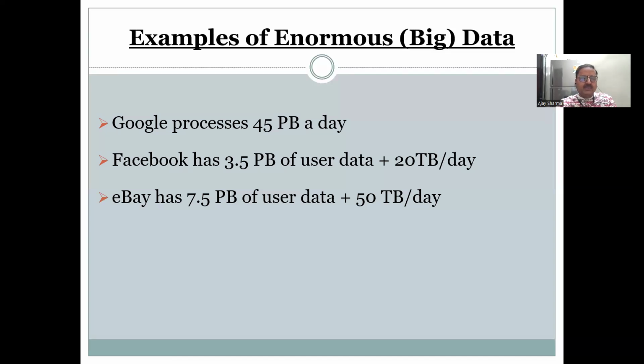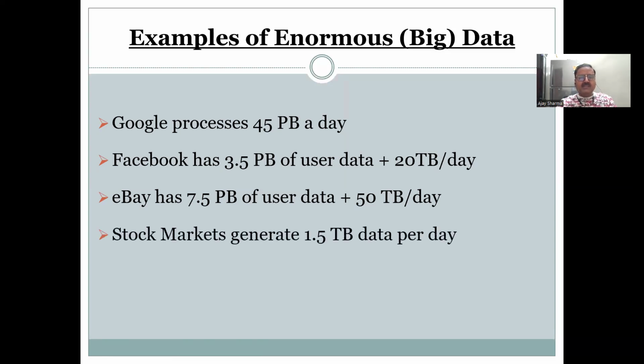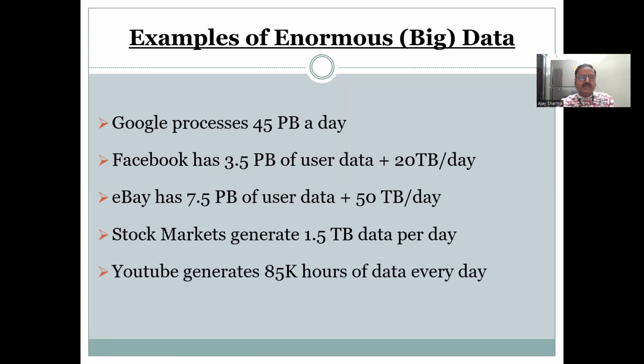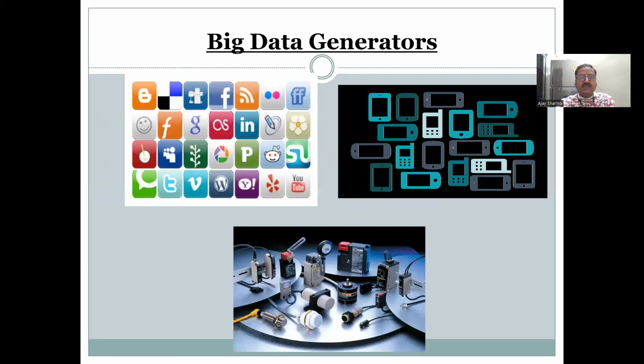The e-commerce website eBay has 7.5 petabytes of user data plus 50 terabytes per day. Similarly, stock markets are generating 1.5 TB of data per day. YouTube, which all of us are using every minute, is generating about 85K hours of data every day. So just see the amount of data that we are surrounded by. And these are the big data generators.